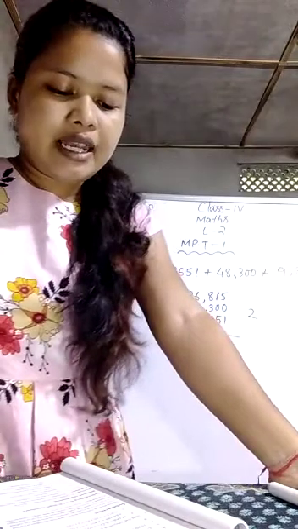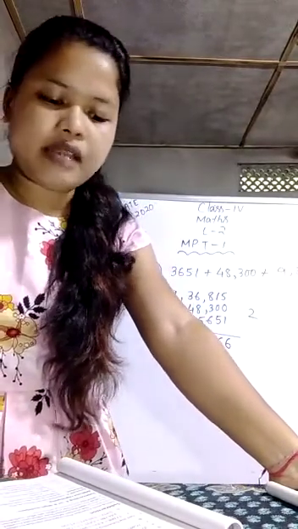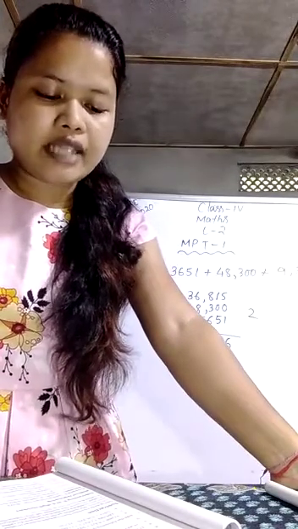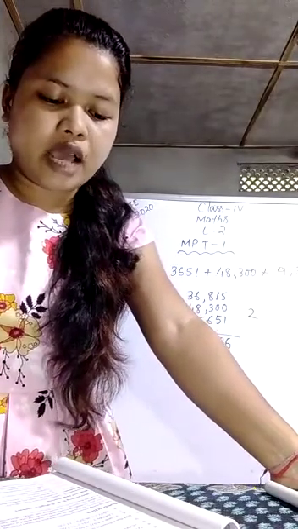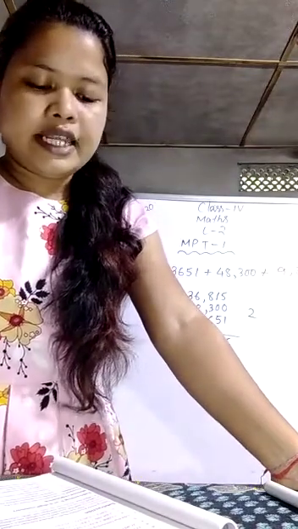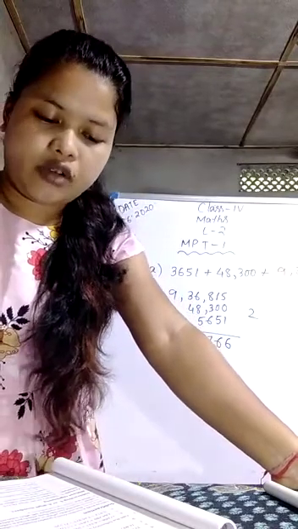B number is 7,52,810 plus 1. So 810 plus 1 is 811. That means in the box you have to write 7,52,811. Then 0 plus blank equals 1,28,111.